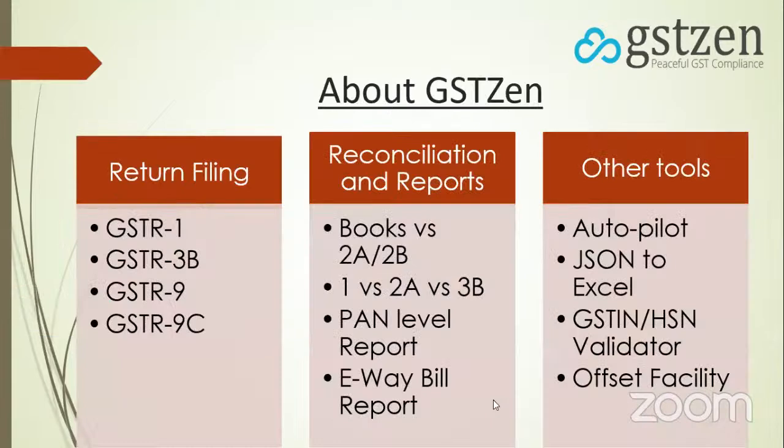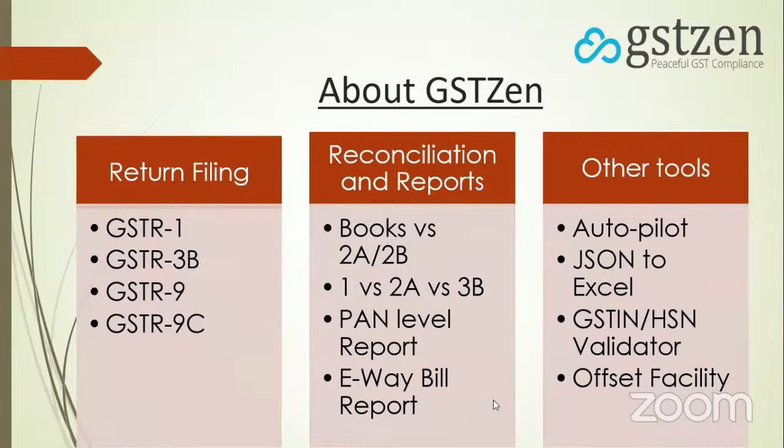So before moving on to the main topic, let me tell you a little bit about GST Zen. GST Zen is an ASP GSP. Besides e-invoicing, we provide other services such as return filing, reconciliation, and other tools. For return filing, we provide the facility to file GSTR 1, 3B, 9, and 9C.